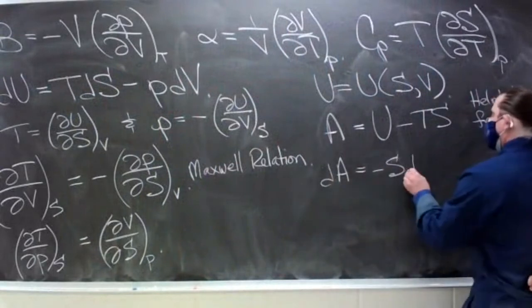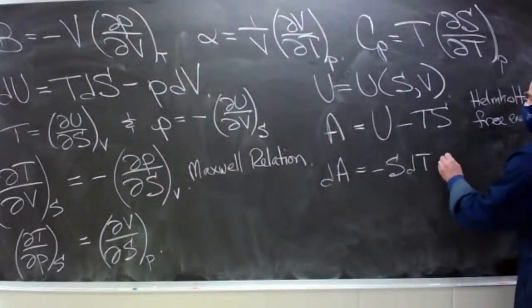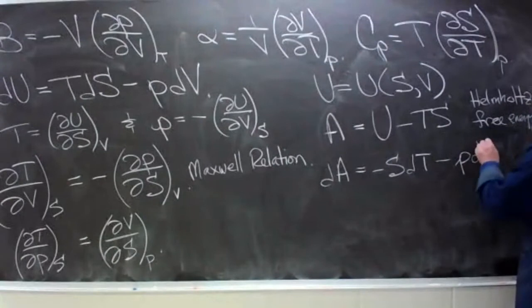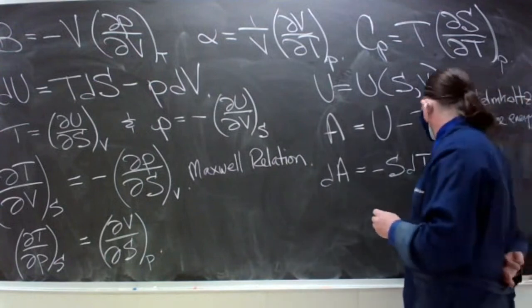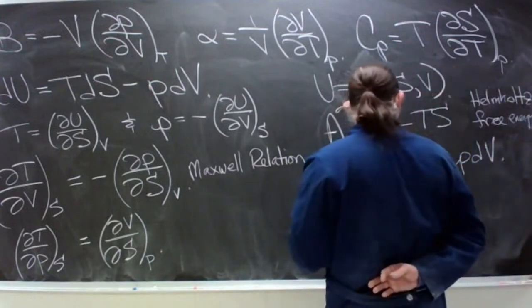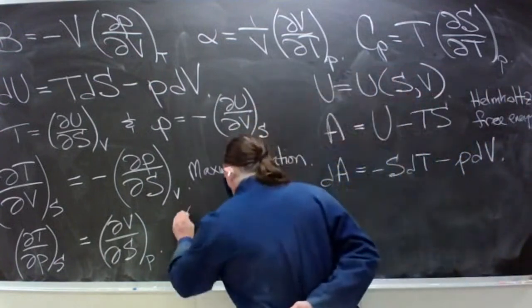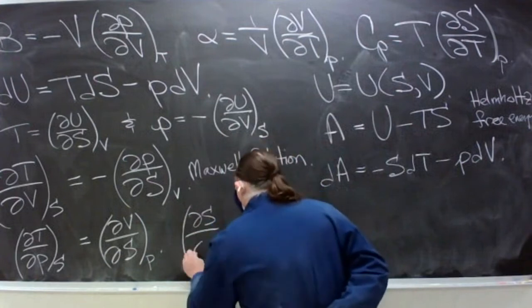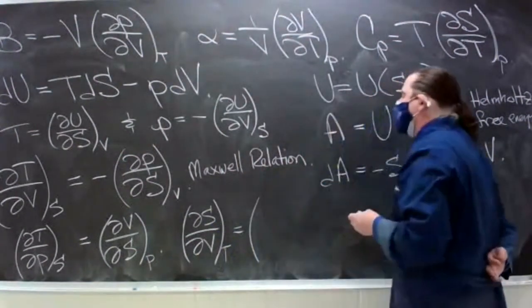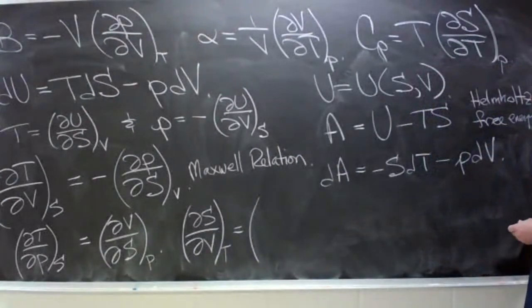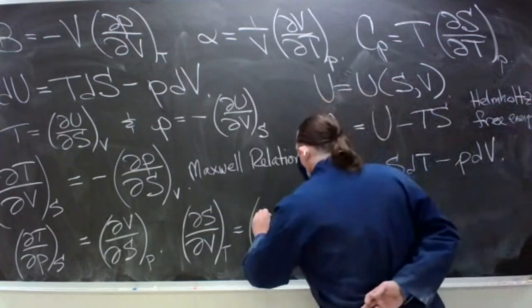Minus S dT minus P dV. So that gives us another Maxwell relation: dS by dV at constant temperature is equal to dP by dT at constant volume.